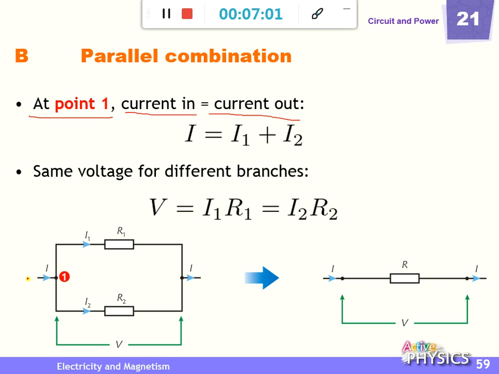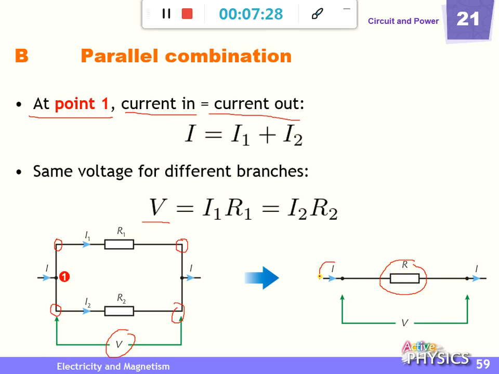It means that in is I, and out will be I1 plus I2. And once again, for the parallel circuit, the potential differences across these two branches should be the same as this. Then all of them should be equivalent to V. What is V? It will be the potential difference across the equivalent resistance R.